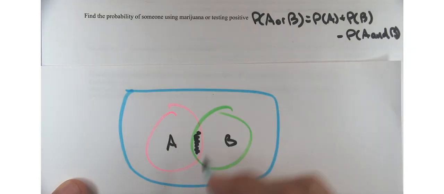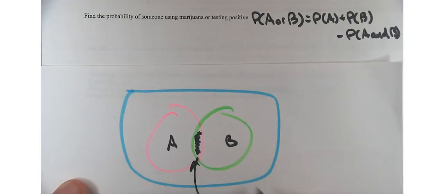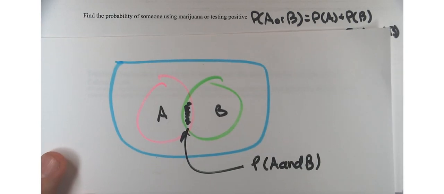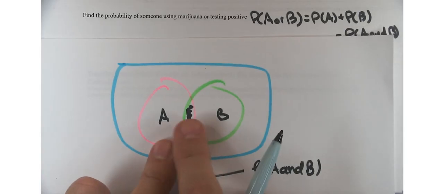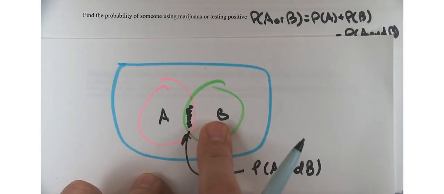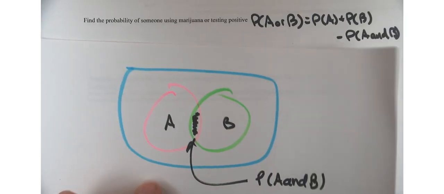And that area is the intersection, the probability of A and B. Because you've counted it twice, once when you calculate the probability of A, once when you calculate the probability of B, you subtract it off once.